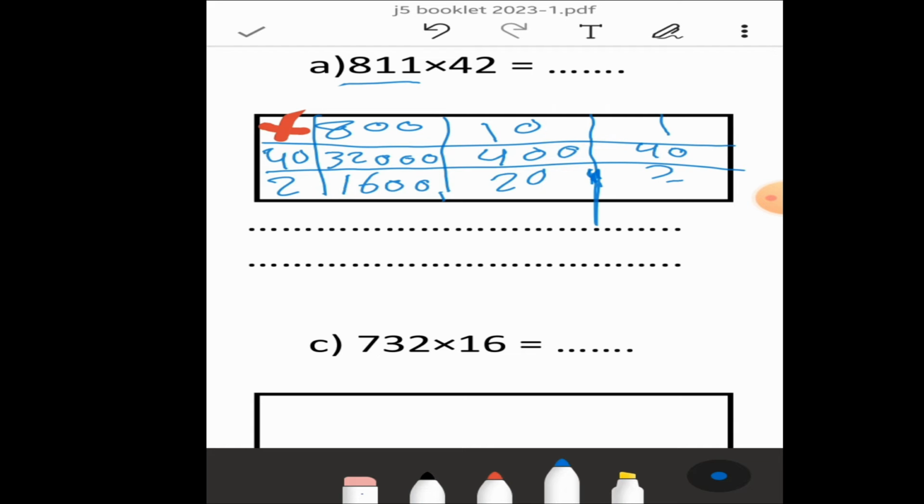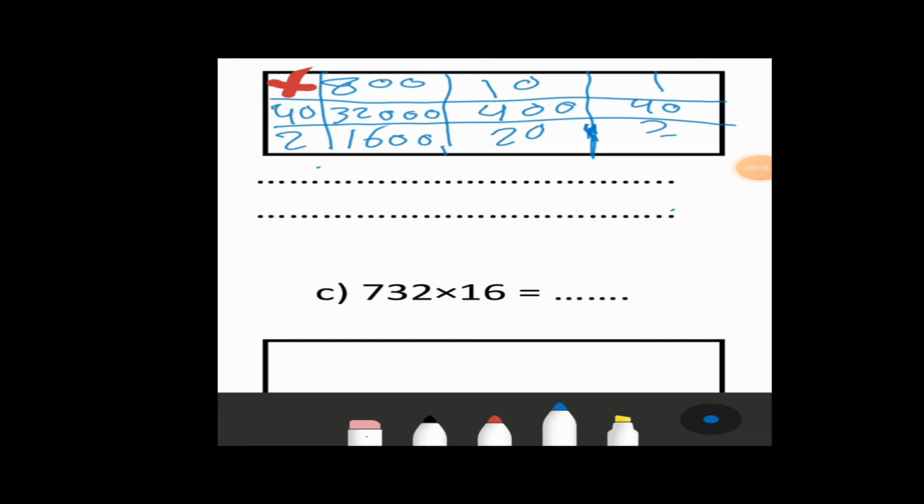And then we will add all of these products to get the final product. So here add 32,000 plus 400 plus 40 and plus 1600 plus 20 plus 2.